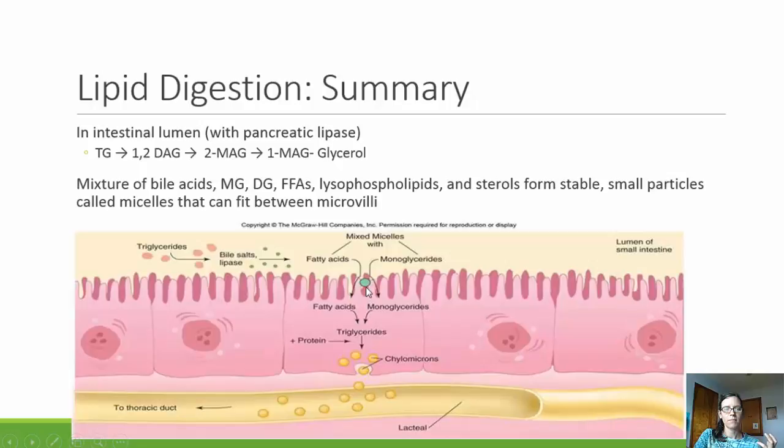The micelle starts to come apart with the free fatty acids and monoglycerides, and then we actually put these back together in our enterocyte into a triglyceride, and then these are packaged up with proteins. Hence the name lipoproteins, and all of these are incorporated into chylomicrons that then go to the thoracic duct.